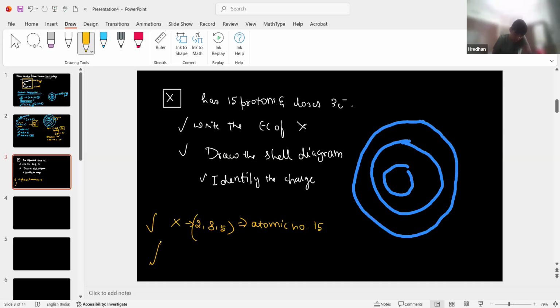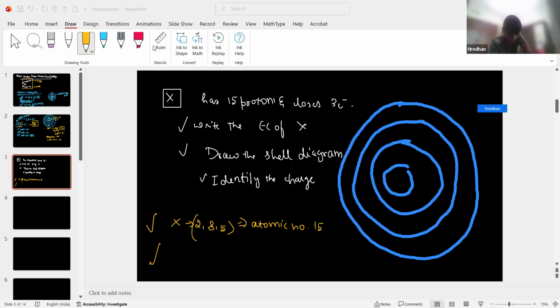One, there's one shell. 2, 3. There are 3 shells. So there are 2 of them in the first one. Then over here, there's going to be 8 in the next one.